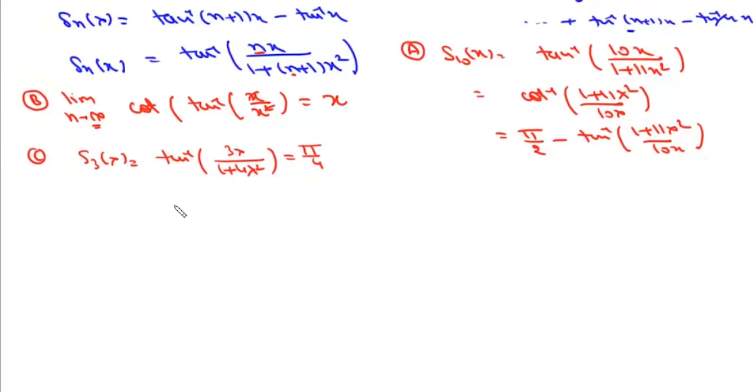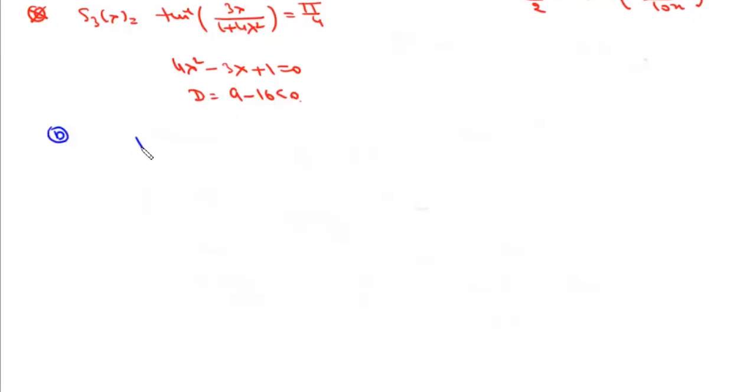Now we can write this equation as 4x square minus 3x plus 1 equals 0. The discriminant for this quadratic equation is 9 minus 16, which is less than 0. So this equation will have no real root. So C is incorrect.